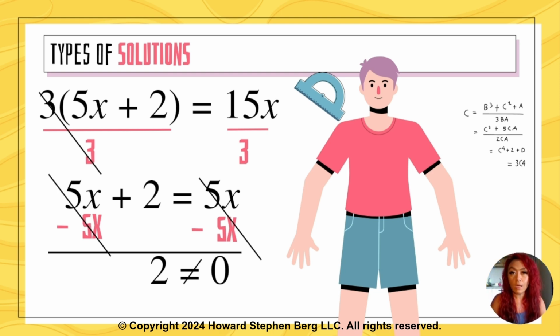So anytime you solve an equation and you get to the end and you end up with a mathematical statement that is not true, that means that the equation has no solution. So we solved this equation, we ended up with a statement that says 2 is equal to 0. That's a false statement, so that means there is no solution to this equation.